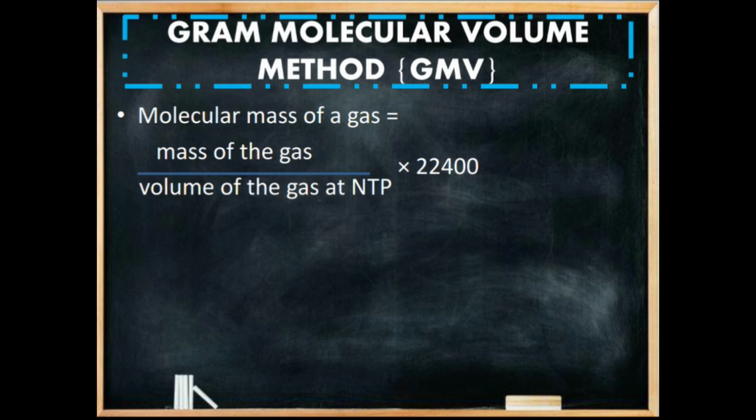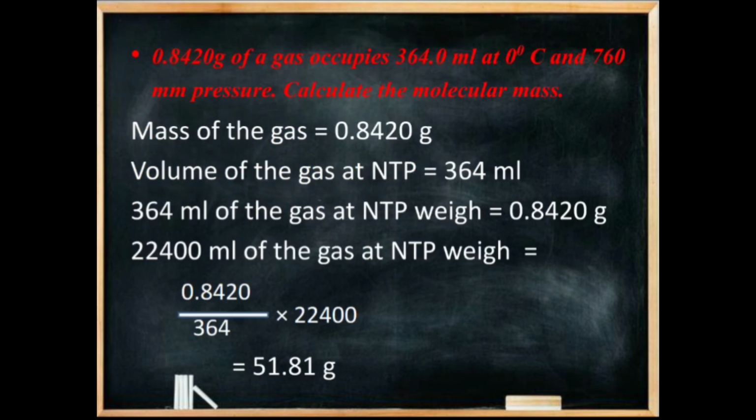Gram molecular volume is the volume occupied by 1 gram mole of a gas at standard temperature and pressure. Then the formula for determining molecular mass is mass of the gas divided by volume of the gas at NTP into 22,400. Let's solve one question so that it will be more clear.